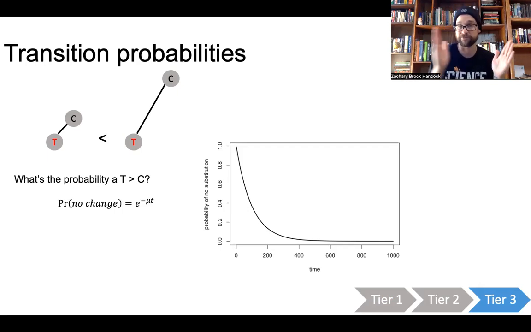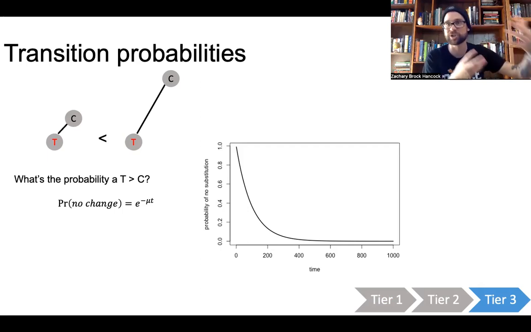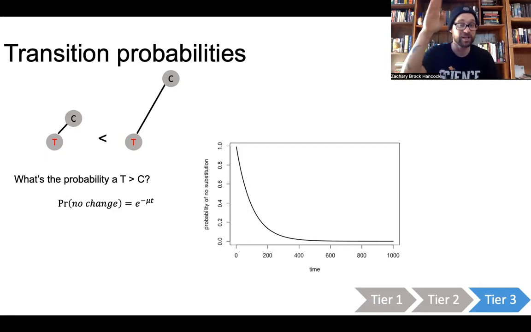Notice that at very short time intervals, the probability of no substitution at all is very high, which means it's most likely that those two sequences are exactly the same. Whereas the further you get, the probability that no change has happened gets lower and lower and eventually goes to 0, virtually guaranteeing that some substitution has occurred between two lineages.